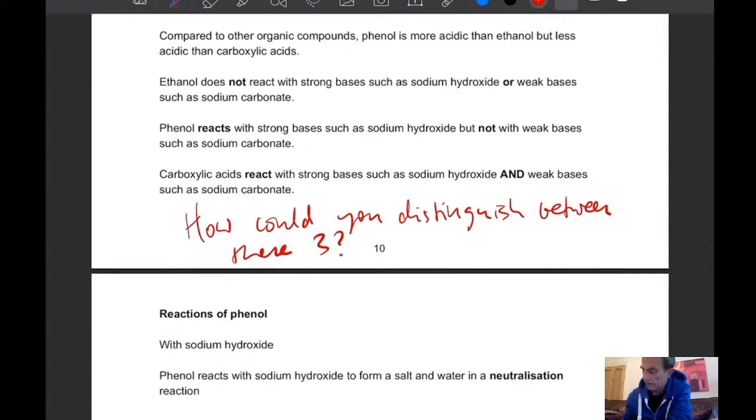So how could you distinguish between these three? Phenol and carboxylic acids are both acidic, so they would turn indicator paper. It's very simple, by the way, this answer. You could use indicator to determine which one was the ethanol, because it wouldn't turn the paper.